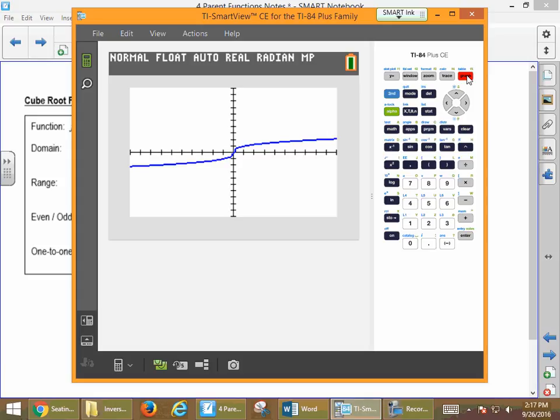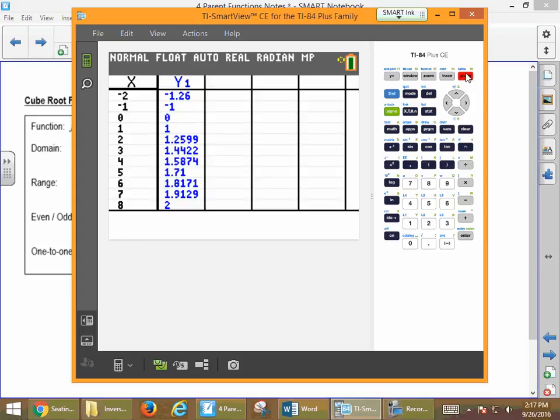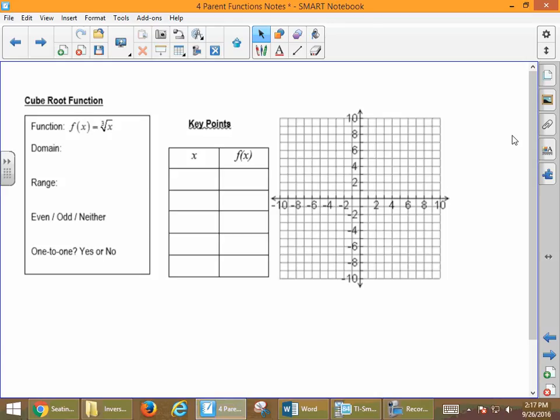And when we do this problem here, we can look at the key points there, which I need a few more. I don't think I'll scroll through it. I'm pressing my luck as it is. But it's 0, 0, 1, 1, 8, 2. Negative 1, negative 1, and negative 8, negative 2.